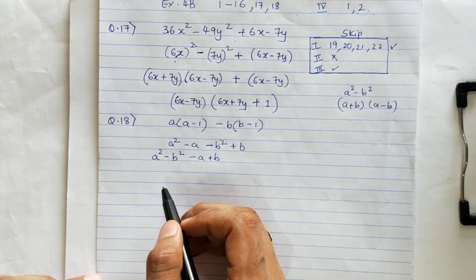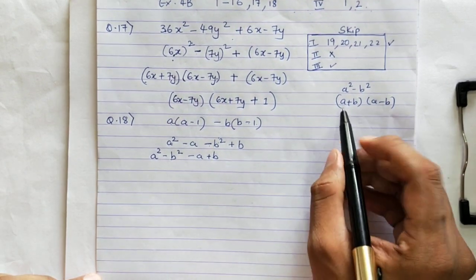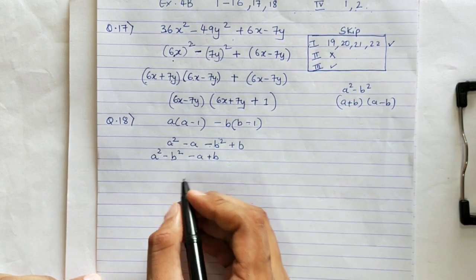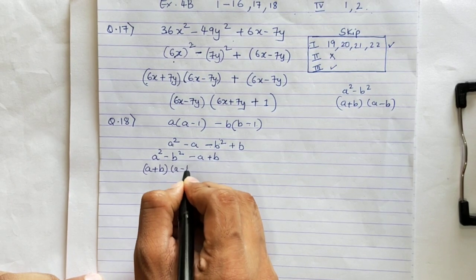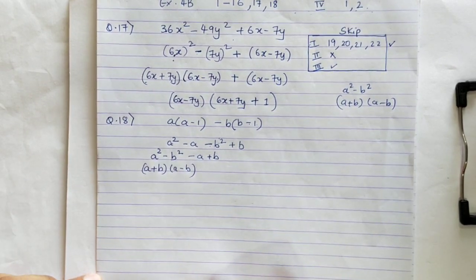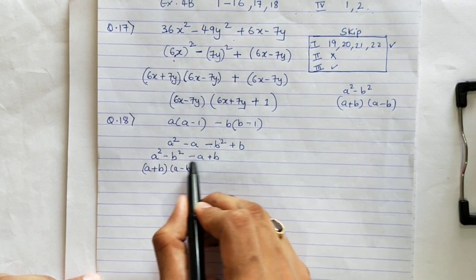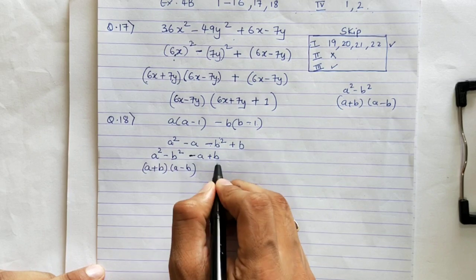Okay. A square minus b square is a formula. We have the formula a plus b, a minus b. So in the place of a square minus b square, I can write a plus b, a minus b. Correct? And here, see, there is a minus sign here. I want a bracket here.